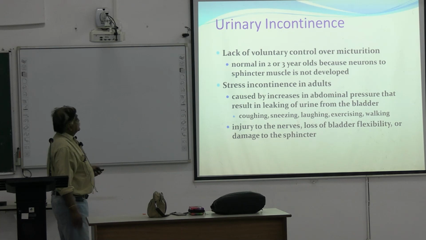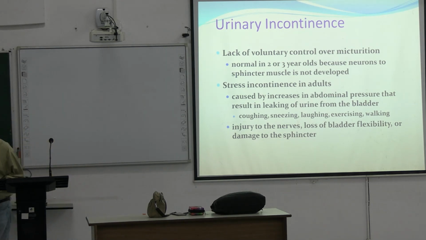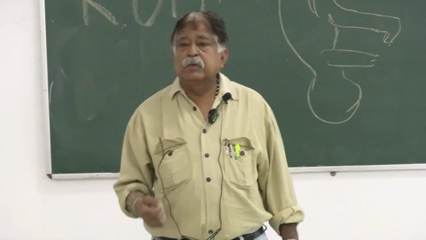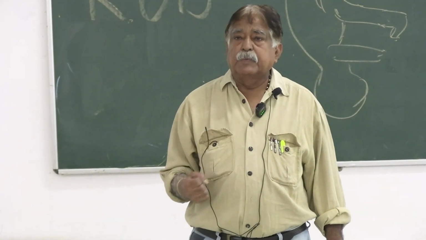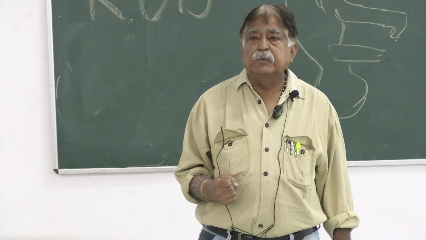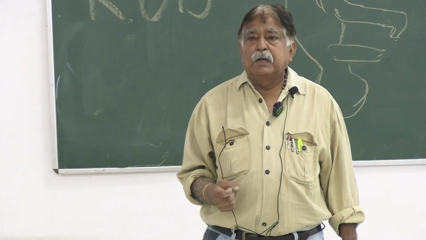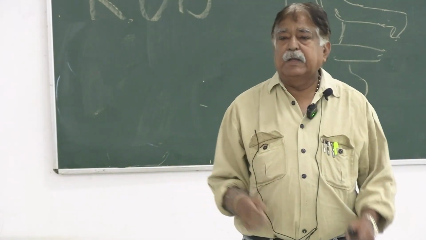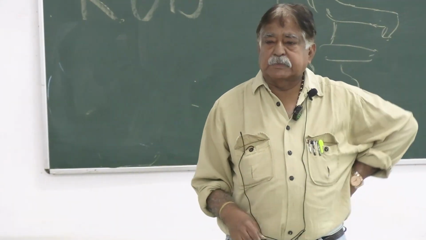Now, say a lady with a prolapse of the uterus, then you ask her, can you control your urination? Or not? By the time I reach the toilet, there are some drops.